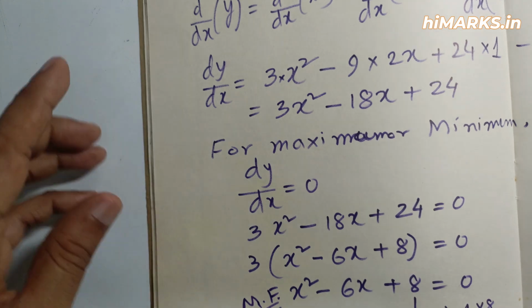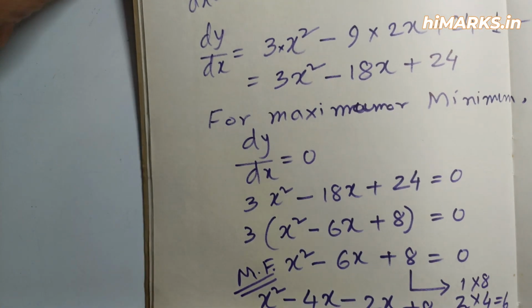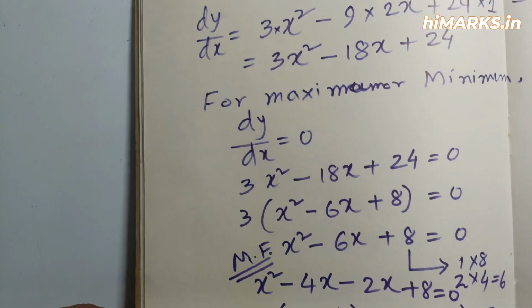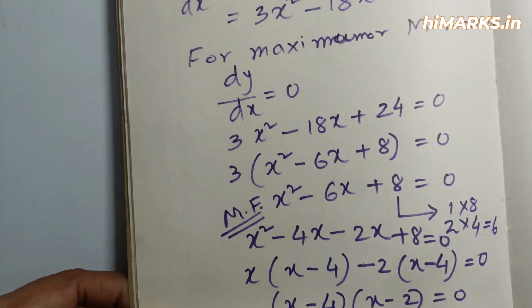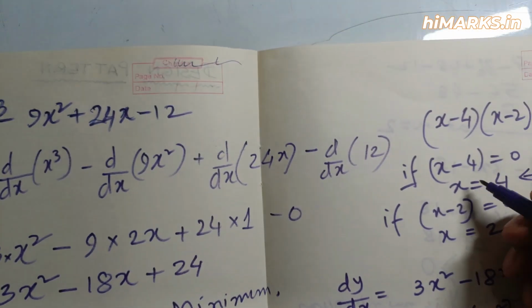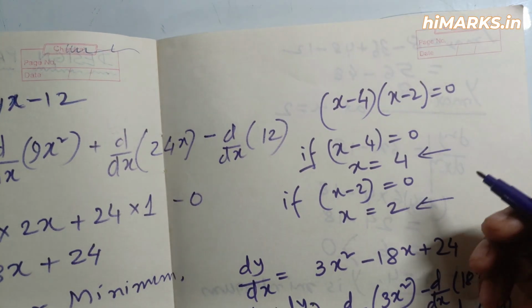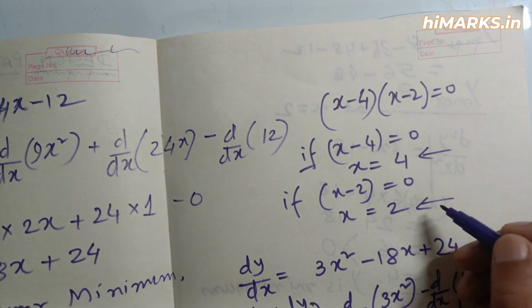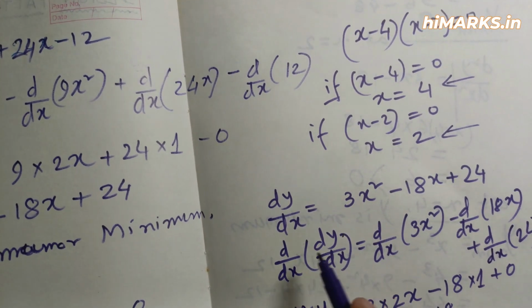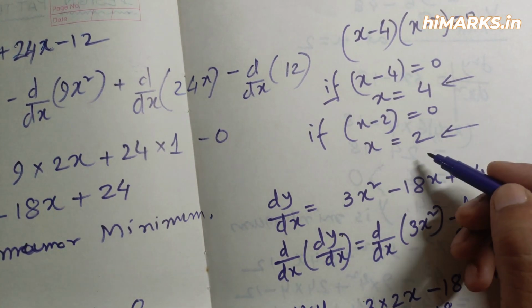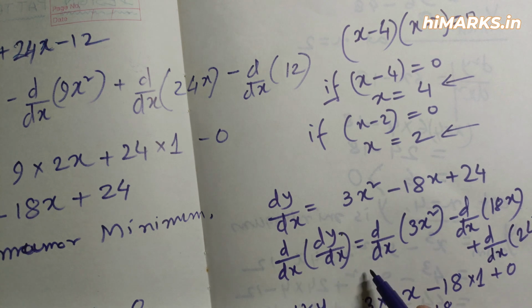So once we solve the equation, we'll get the value of x. So that value indicates the point. That is why x equal to 4 and 2. These 2 points.